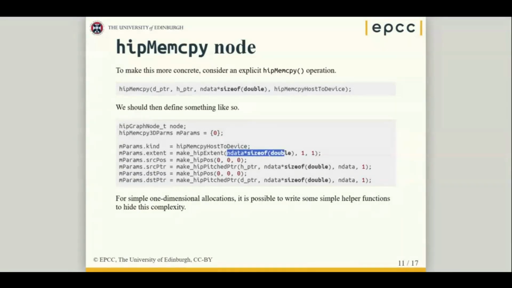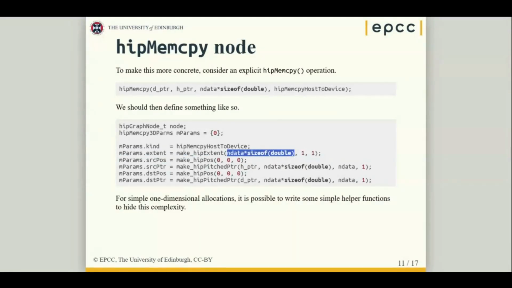Well, what you want to copy. Here, this is like a 3D copy. 3D means that we are making a copy of a 1D vector, but it could be the case that you have a 2D or 3D vector. So in each of these parameters, you will have the size.